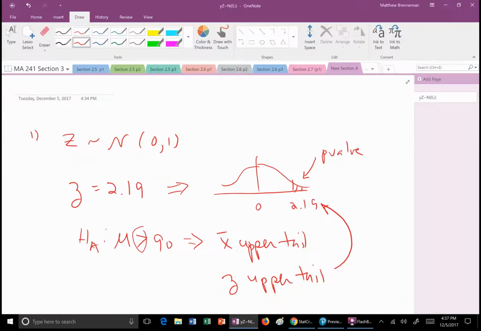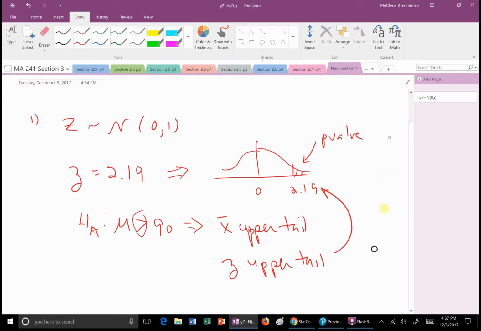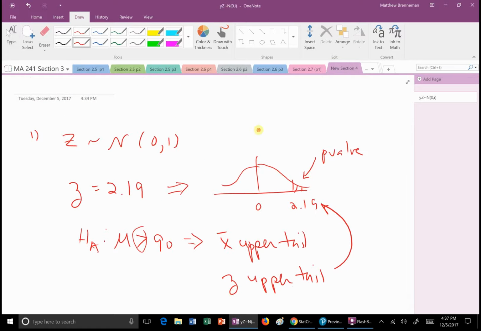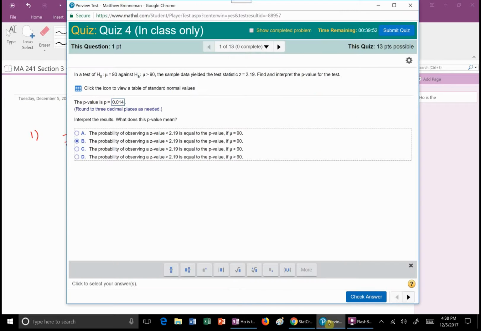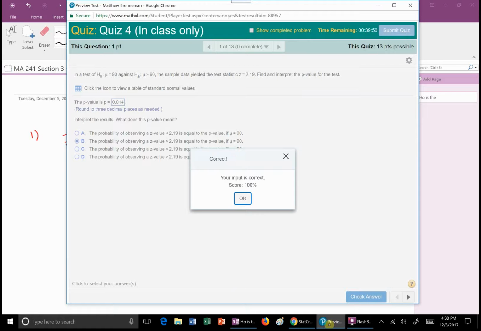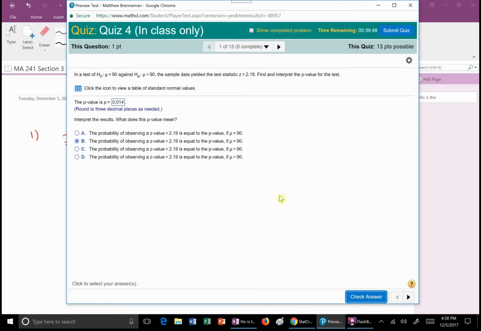To go back to why that's true, this is the distribution of the z-scores if H0 is true. If H0 is true, these z-scores come from a standard normal. And H0 is true reduces down to mu equal to 90.